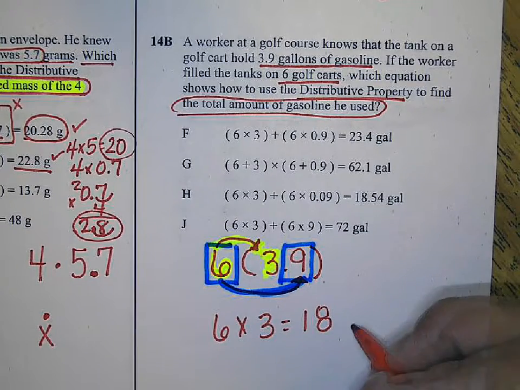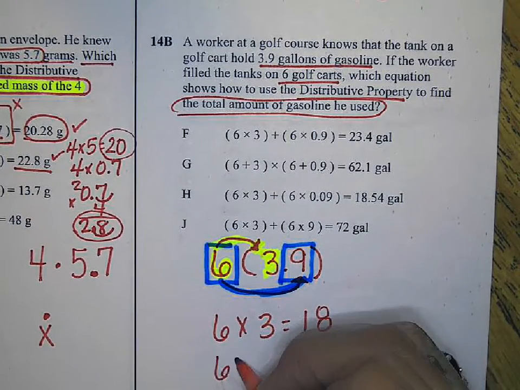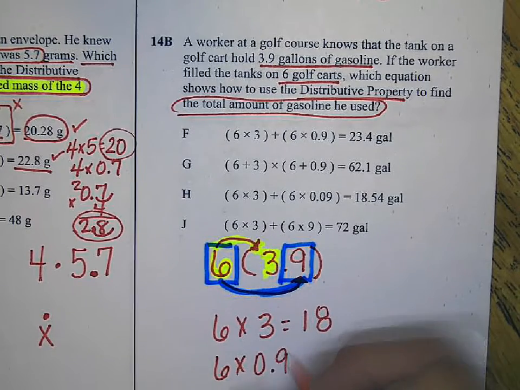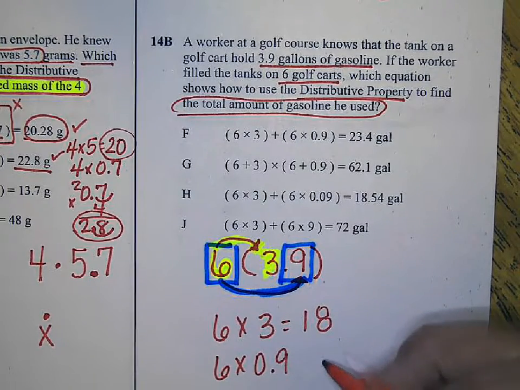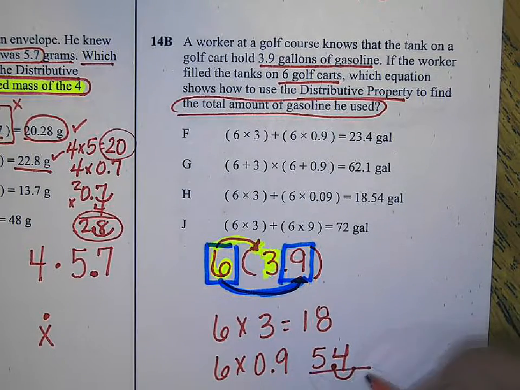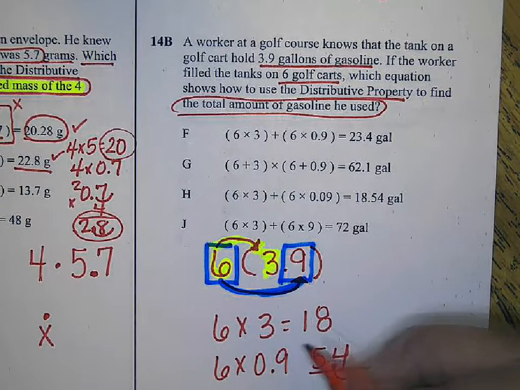Okay, then I have 6 times 0.9. Well, what is 6 times 9? 54. I have my decimal at the end. I move it in 1. So what's my answer? 5.4. What's 18 plus 5.4? 18, 19, 20, 21, 22, 23.